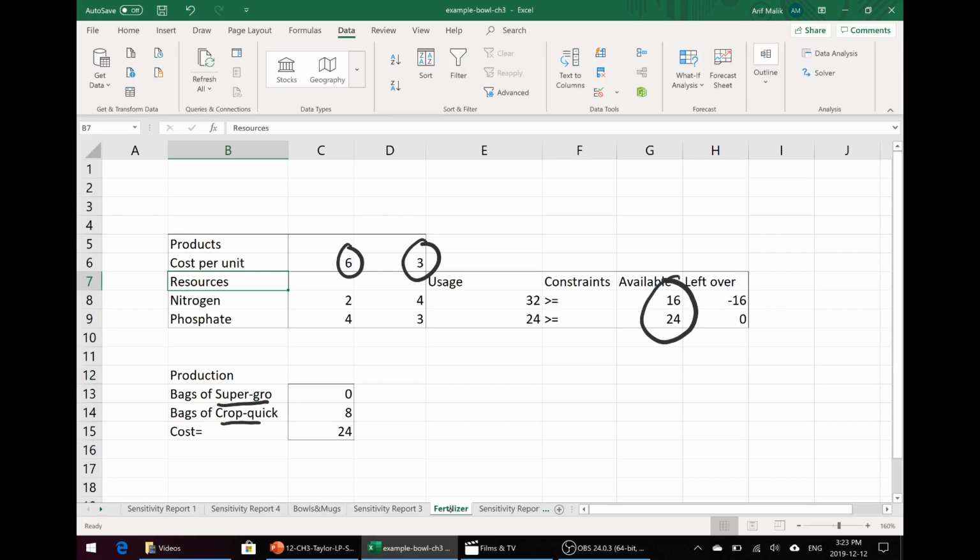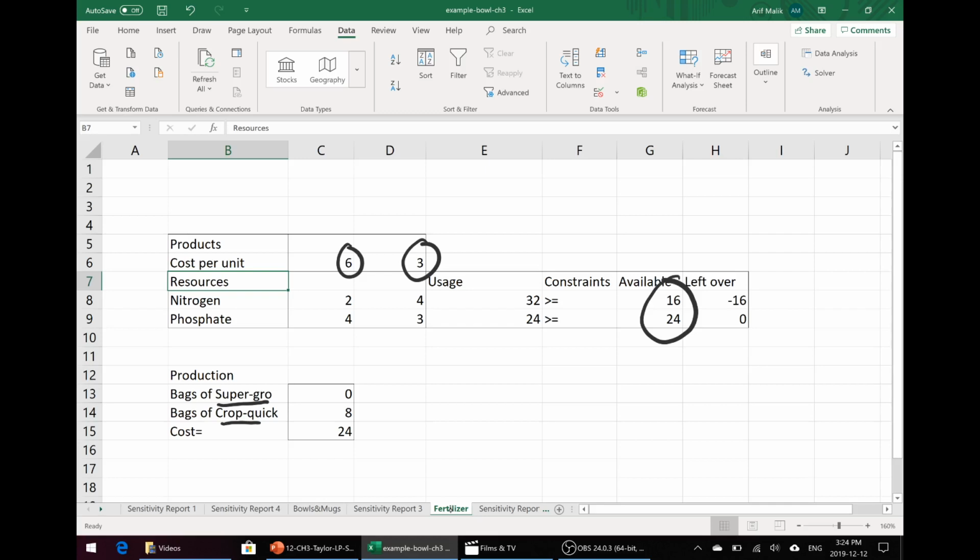And these were in pounds, 2 per bag. So 2 pounds of nitrogen was there in Super Grow, and 4 pounds of phosphate was there in Super Grow. And then in the Crop Quick, the other fertilizer bag, 4 pounds of nitrogen and 3 pounds of phosphate.